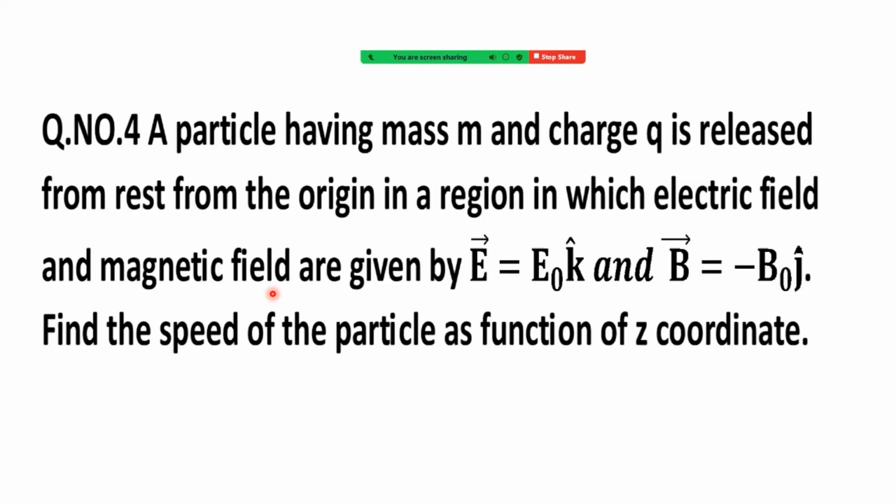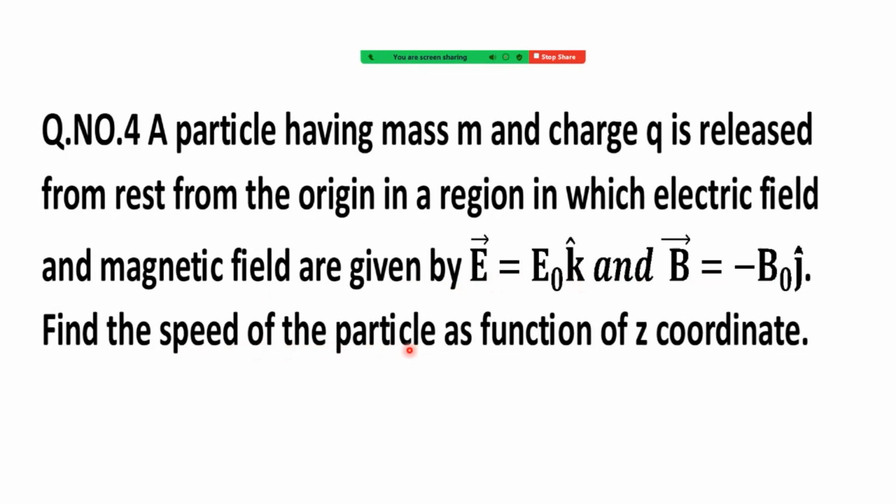Let us see the next problem. A particle having mass m and a charge q is released from rest from the origin, in which electric and magnetic fields are given by E bar equal to E naught k cap and B bar equal to minus B naught j cap.